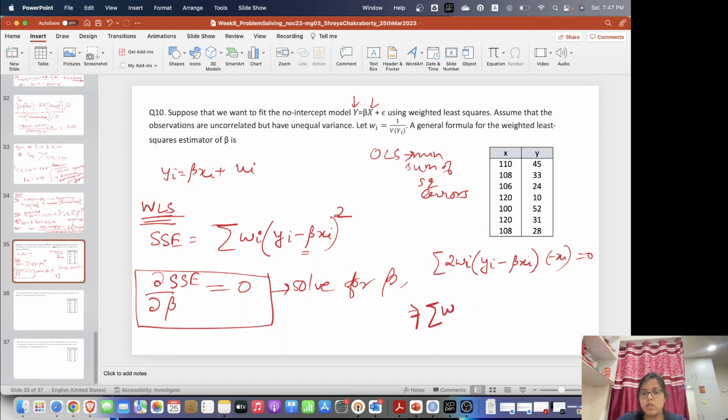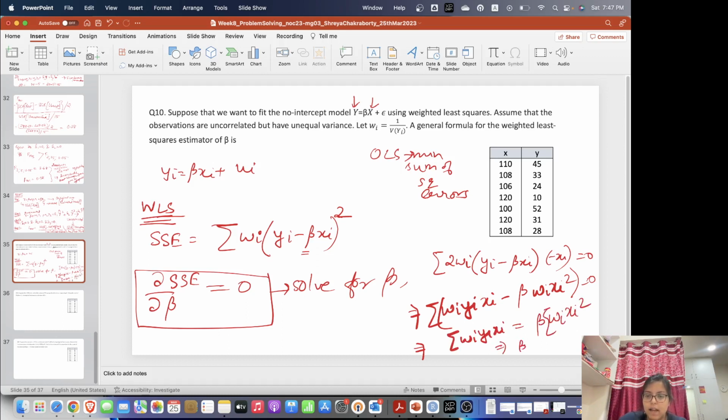So what we have is summation wi yi xi minus beta wi xi square equal to 0. If we solve, we have summation wi xi yi equals beta summation wi xi square.